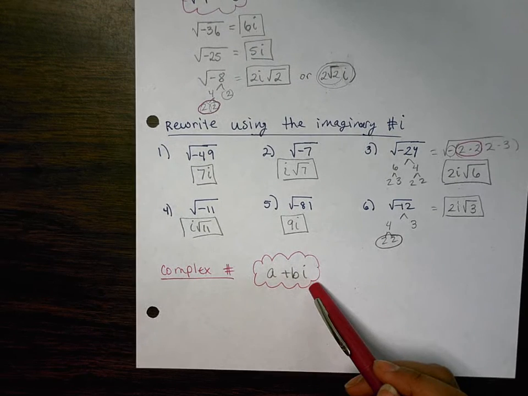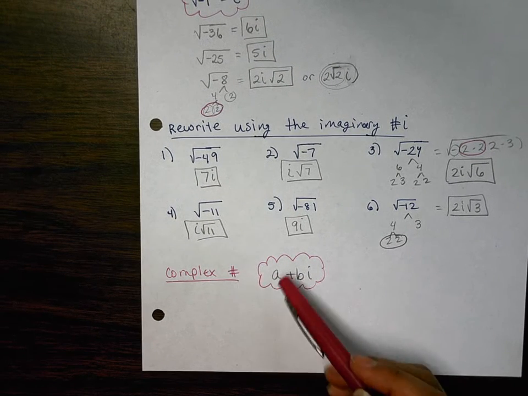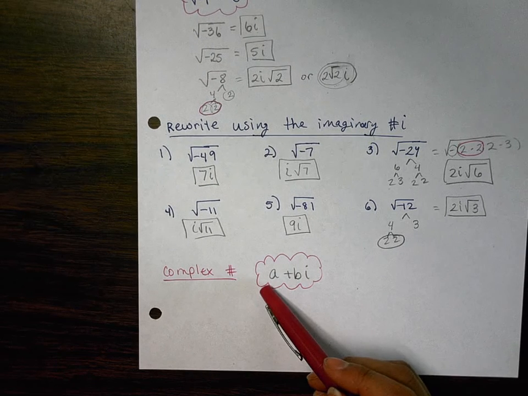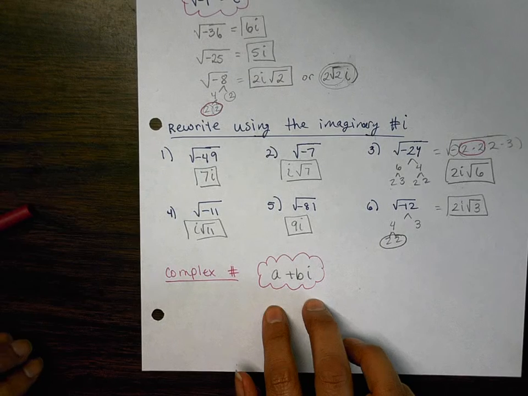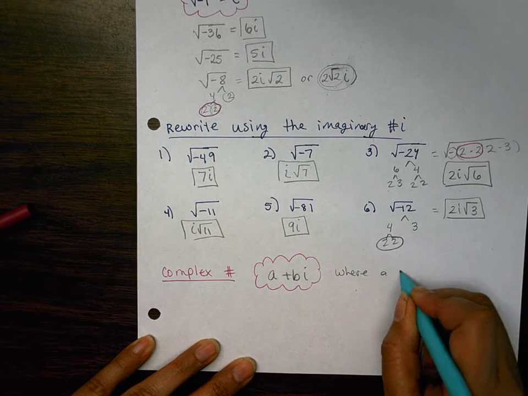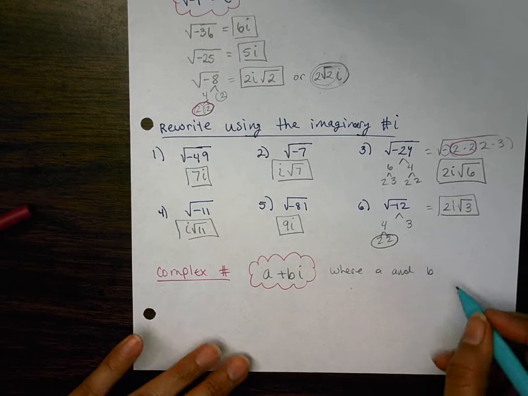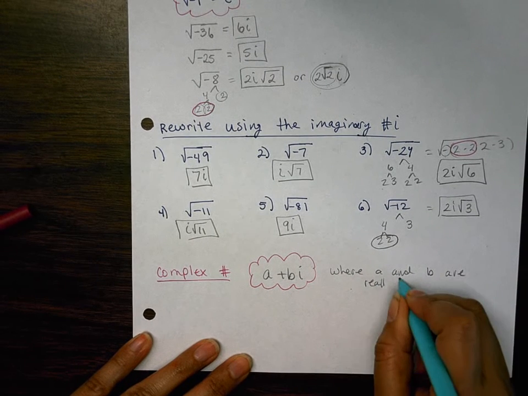Real, imaginary. Got it? a plus bi. You always have to write it this way. You never write bi plus a, and it could be plus or minus, but you want to make sure it's written in this form where a and b are real numbers.